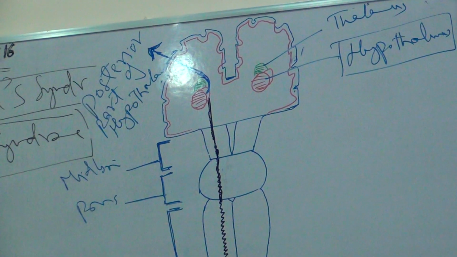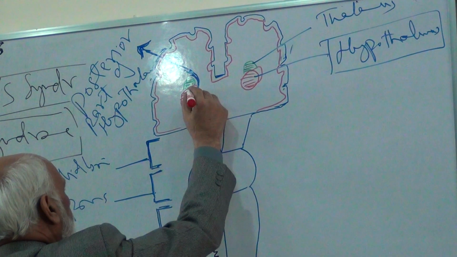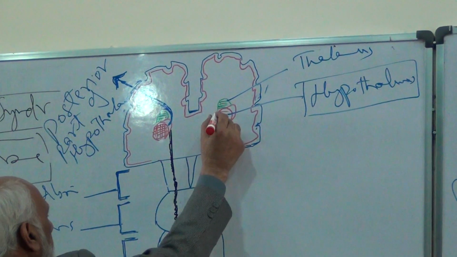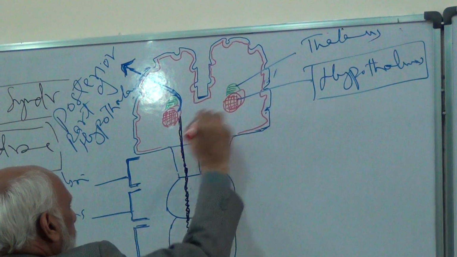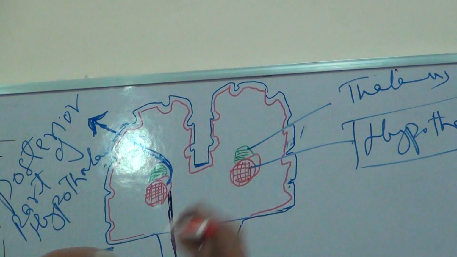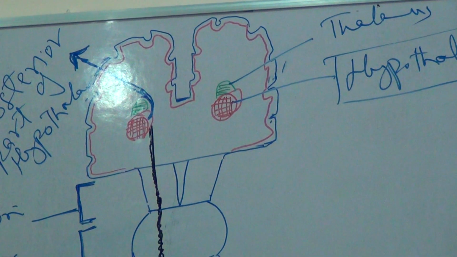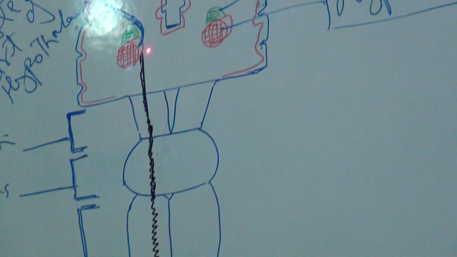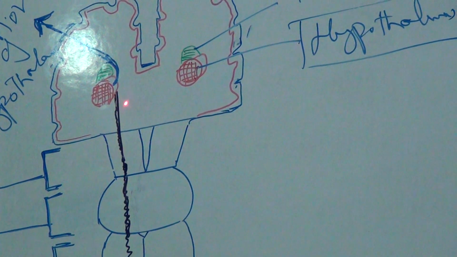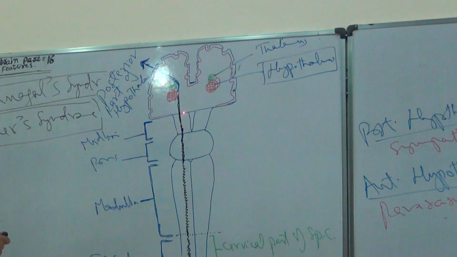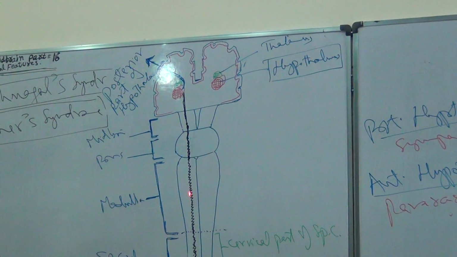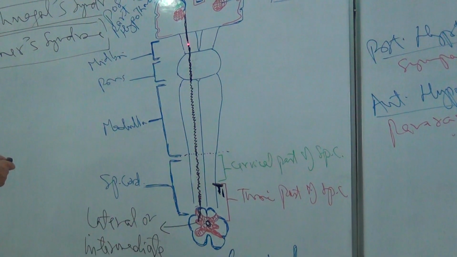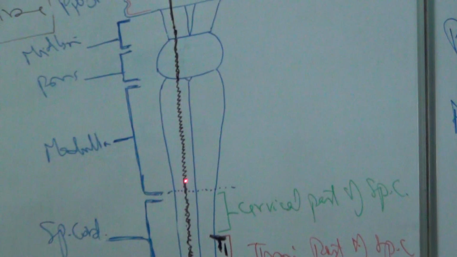So here we are concerned with the posterior hypothalamus, which controls the sympathetic nervous system. A bundle of fibers arises from the posterior nucleus of the hypothalamus. It descends posterolaterally throughout the brainstem, that is, in the midbrain, pons, and medulla oblongata.